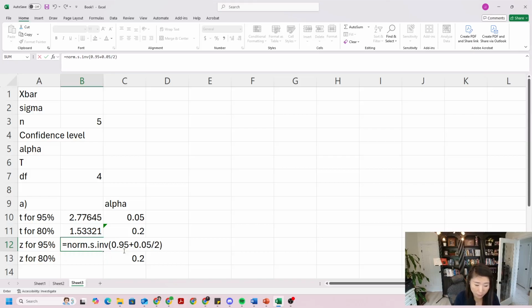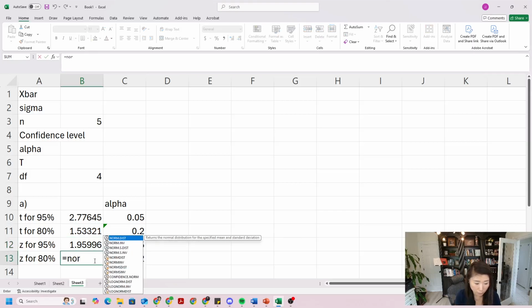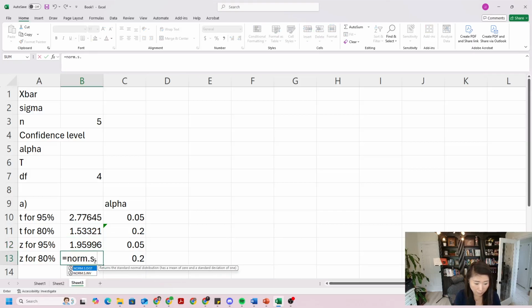That will give you the z-score if you are using the z-score in this situation. You can see that since our sample size is small, the 95% t-stat is very different from the 95% confidence z-stat. It's very different. Now let's look at the 80% confidence interval, NORM.S.INV.